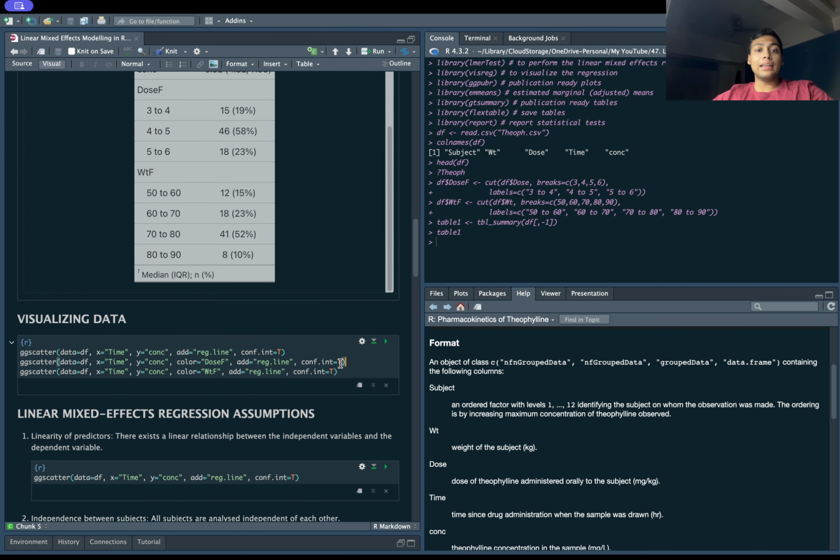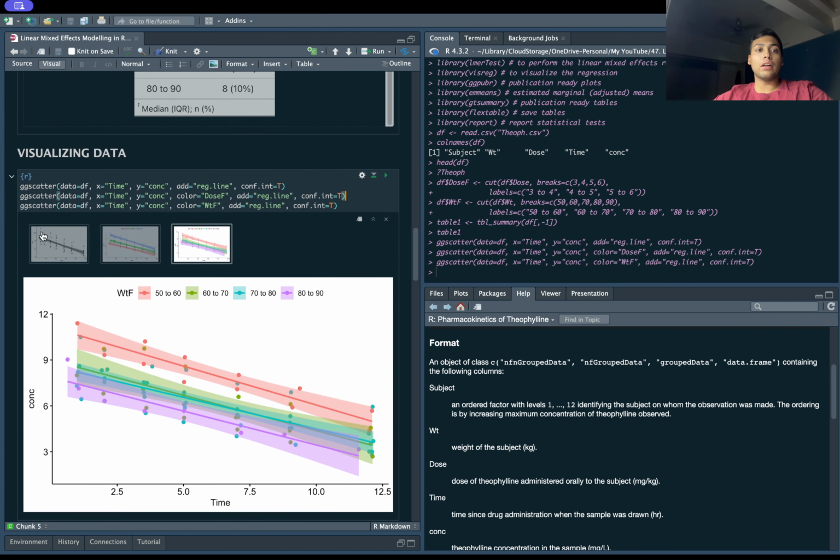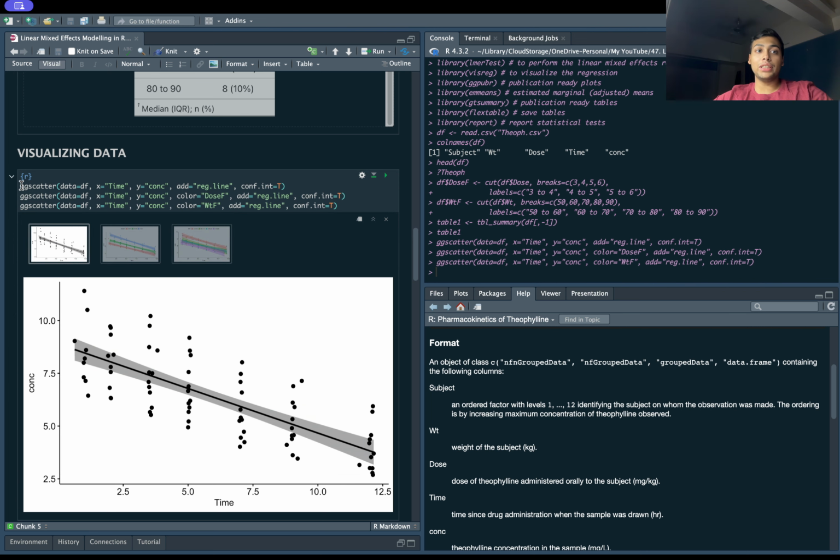So let us now visualize our data. The ggScatter function from the ggpubr package helps us to plot the data, and the first plot is a very simple plot without any grouping variable, and we can see prima facie for all the subjects there is a fairly linear downtrend, negative trend.